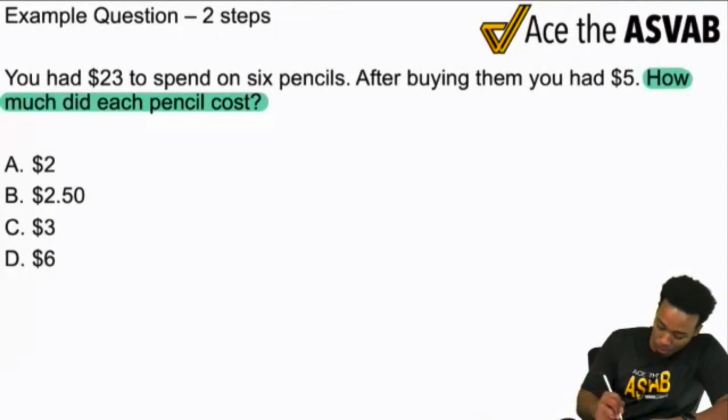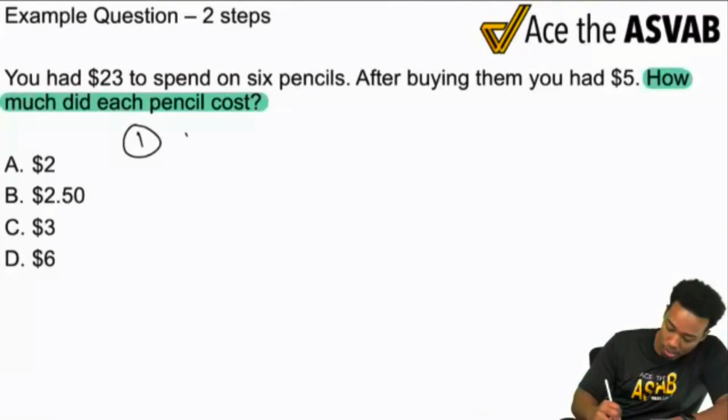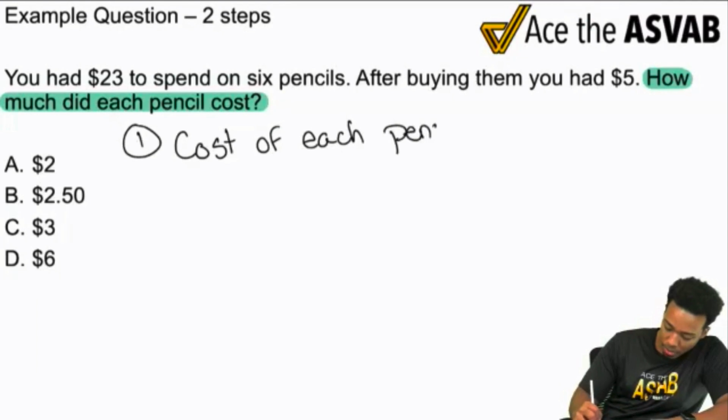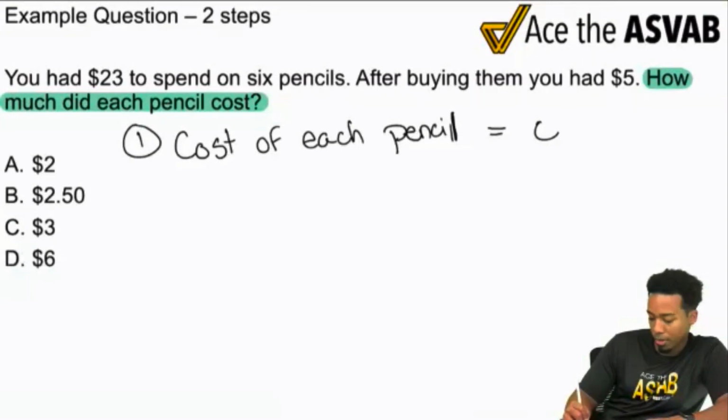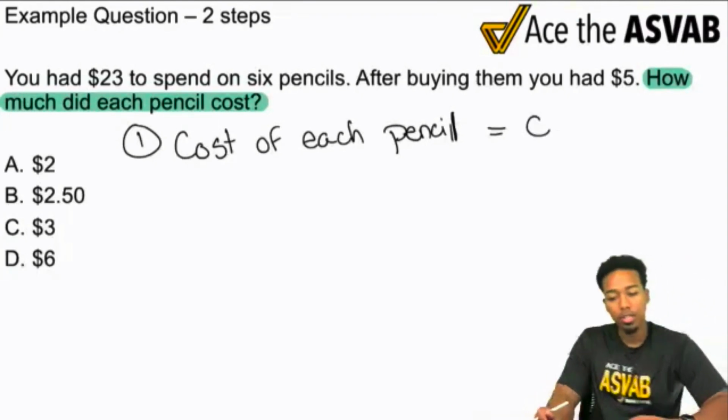So step one, our question here is that we're trying to find the cost of each pencil. And so I'm going to call that C, the cost for each pencil. C for cost.